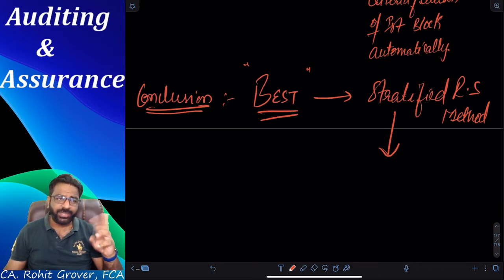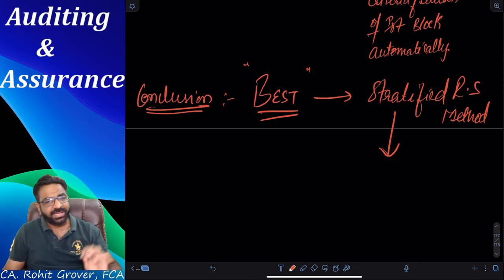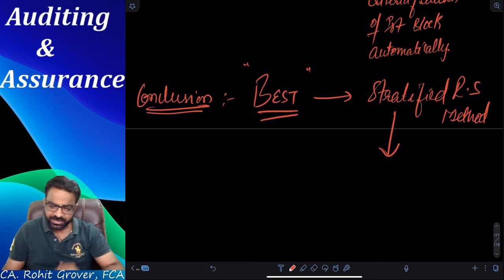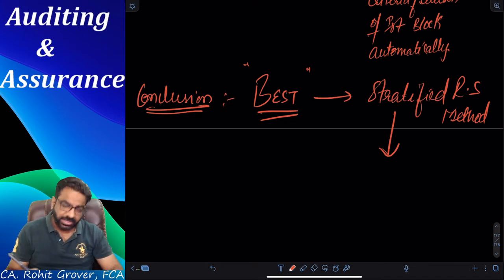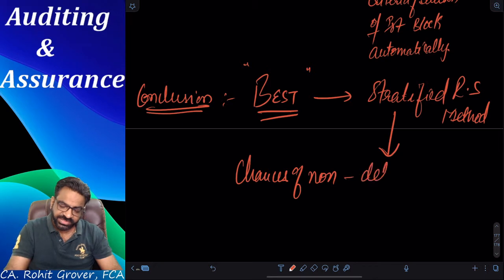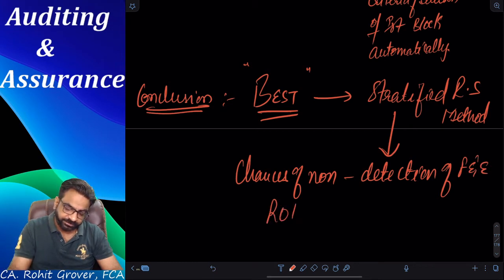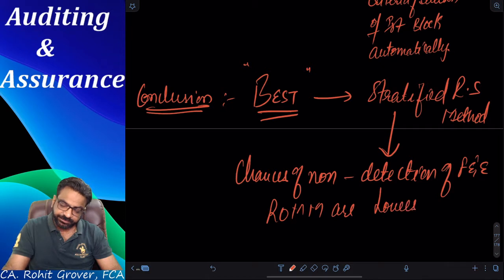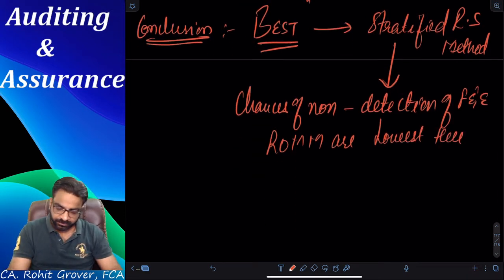Chances of non-detection of frauds and errors are highest here or the lowest here? Lowest, yes. So chances of non-detection of frauds and errors, or risk, are lowest here, right or not?